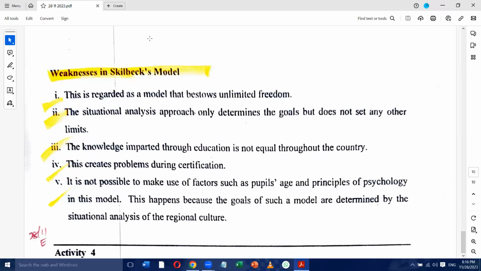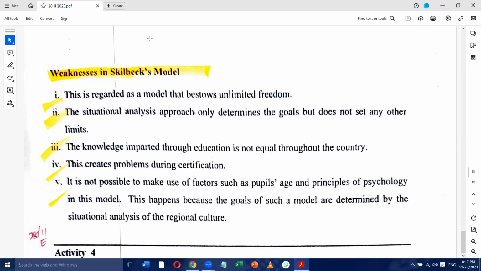Then, how Piaget's ideas influence planning a curriculum, that also will be seen there. Then again, we'll see another scholar called Bruner, right?